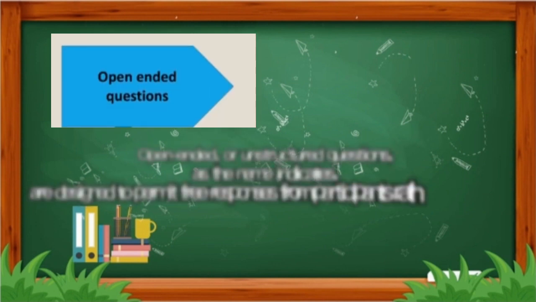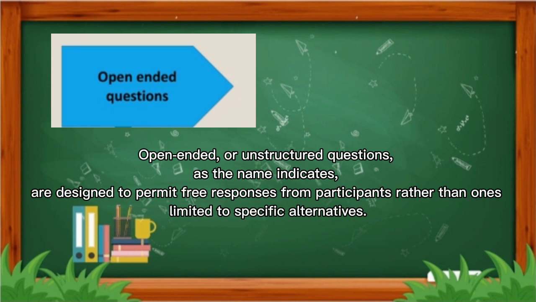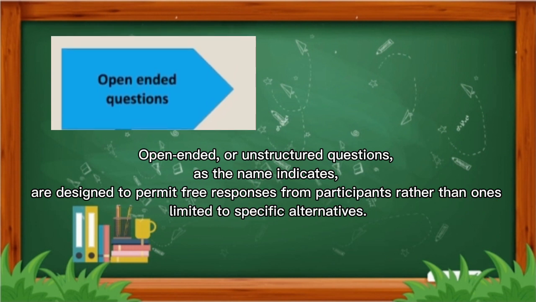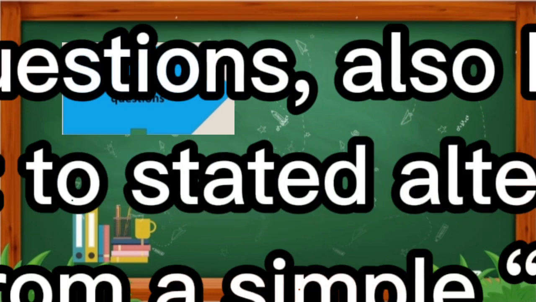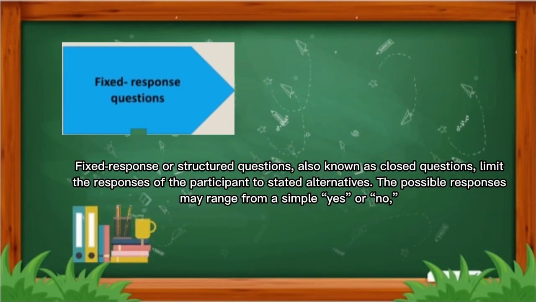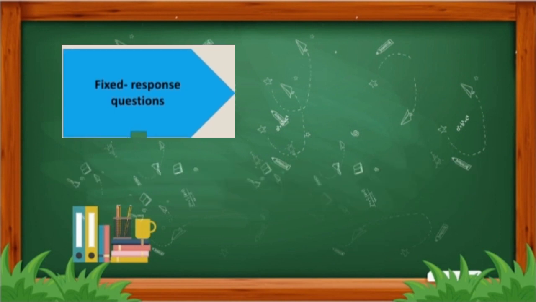Open-ended, or unstructured questions, as the name indicates, are designed to permit free responses from participants rather than ones limited to specific alternatives. Fixed response or structured questions, also known as closed questions, limit the responses of the participant to stated alternatives. The possible responses may range from a simple yes or no.